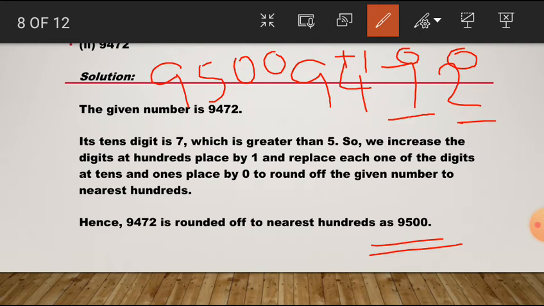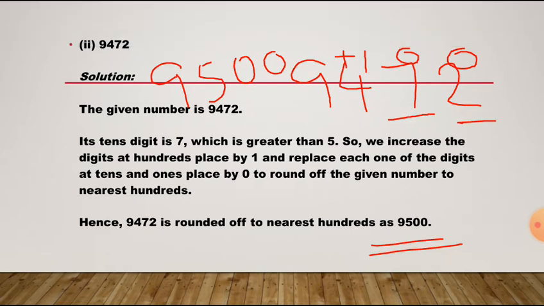Okay, is it clear? Okay, always remember to round off to the hundreds, check the tens place. Okay, and if the digit in tens place is less than 5, then you just replace the tens place and ones place both by 0 and keep all the other digits as they are.